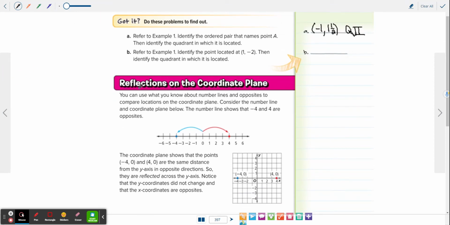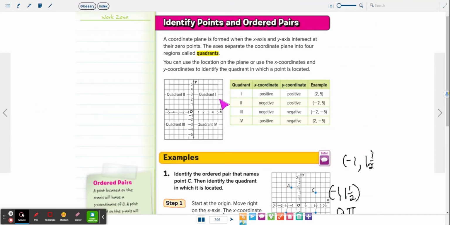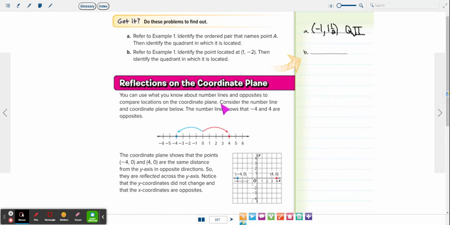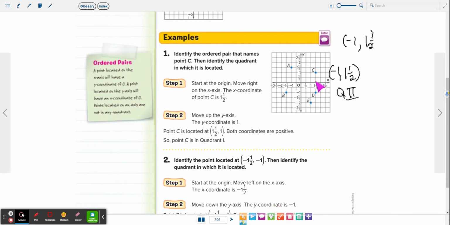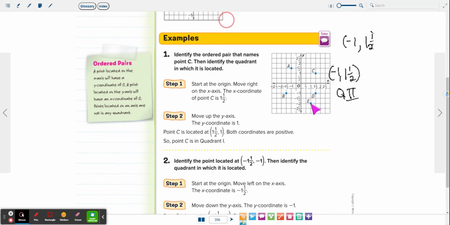Okay, so B says refer to example 1 again. Identify the point located at 1, -2, then identify the quadrant. 1, negative 2. Okay, so we are going to go to positive 1, and then negative 2 is 2 down. That's point E right here.